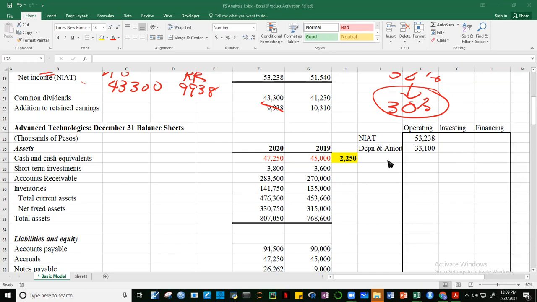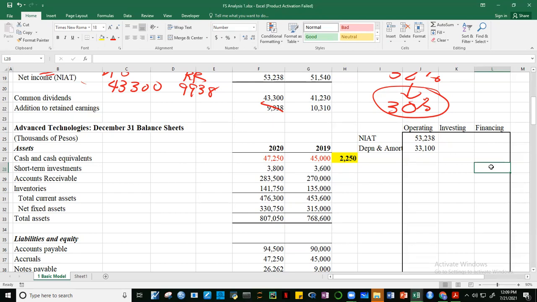So first, sabi natin it will fall under financing, no? Second question, ang kailangan natin malaman, source of cash o use of cash ba yan? So short-term investment increased from 3,600 to 3,800.